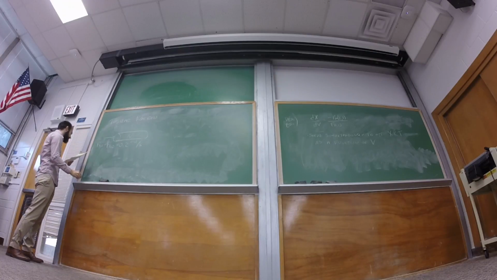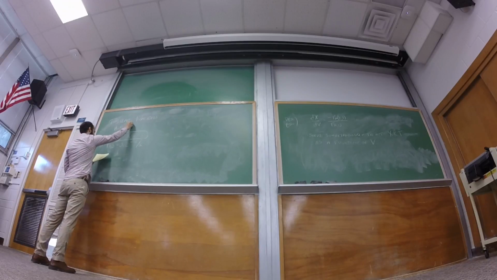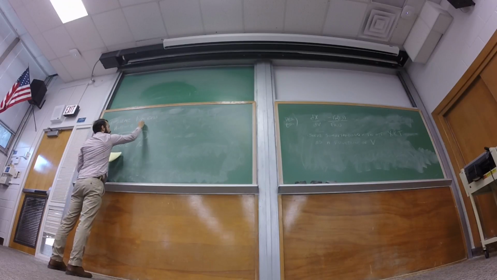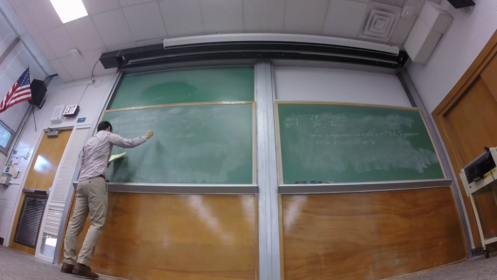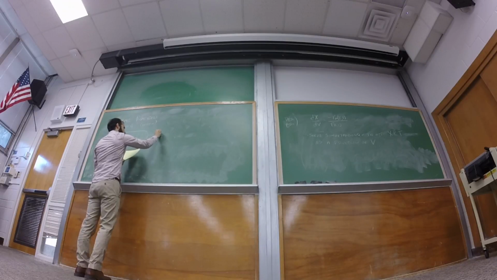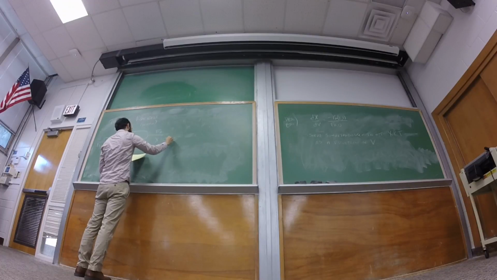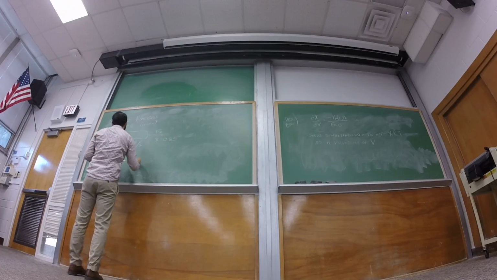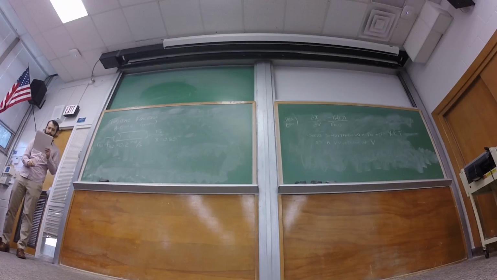All right, so we have a PFR, the reaction A plus B goes to C, irreversible, everybody's favorite. And we're given that the conversion is 85%. We want to know the volume necessary.